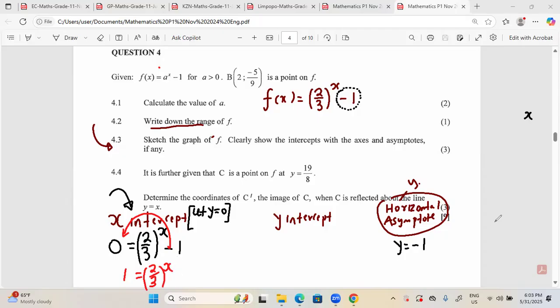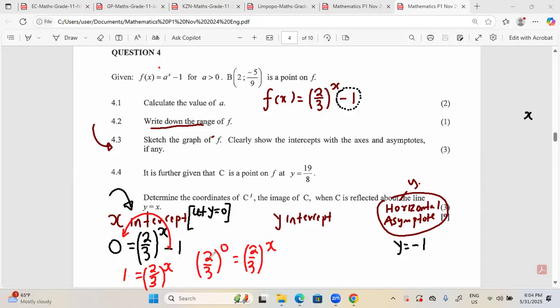And guys, I told you, how do we solve an exponential equation? We must have the same base. So 1 can be written as 2 over 3 to the exponent 0, equals 2 over 3 to the exponent x. So don't be confused, guys.